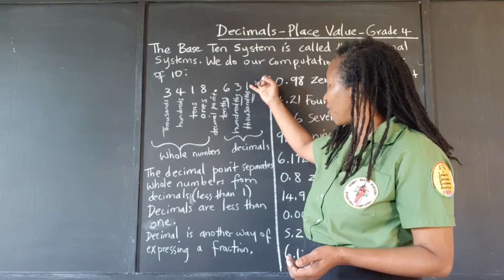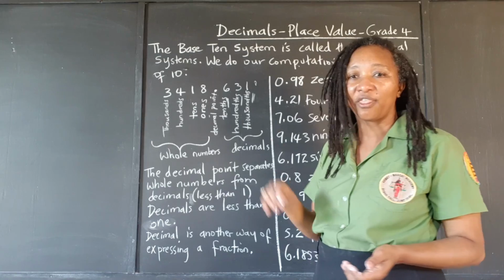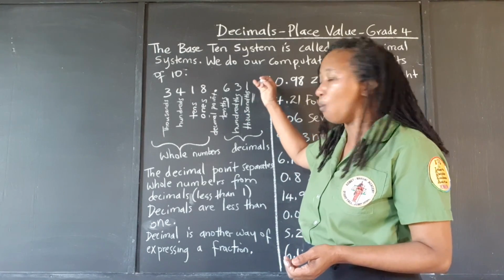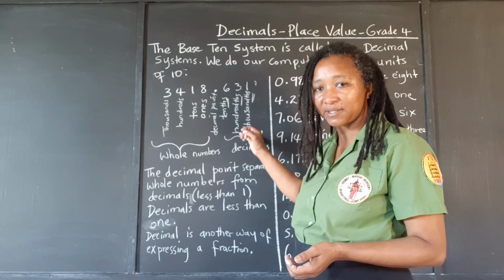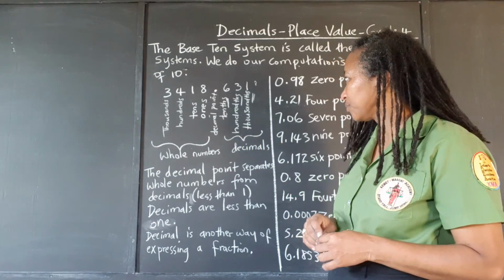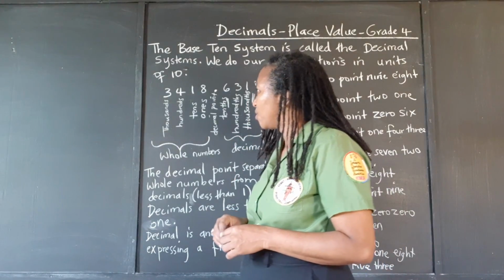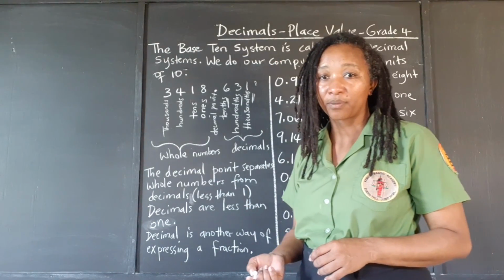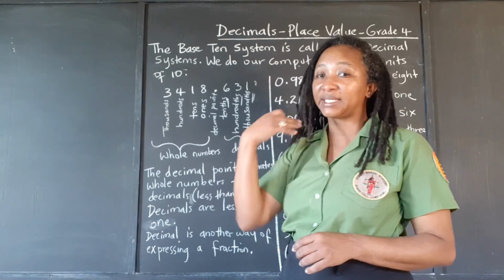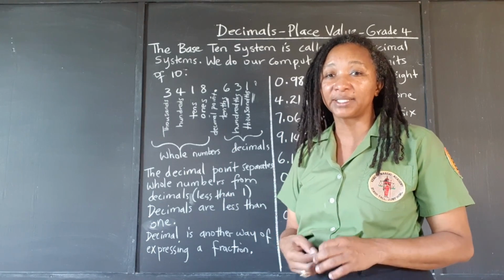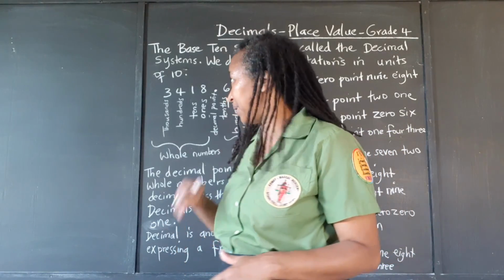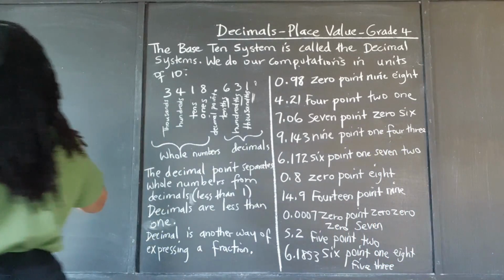The third decimal place is the thousandths, right? So in this case, it would be 1/1000. Now, I'm going to write some decimals and underline the place, and we're going to write what is the actual value of that digit in that place. Okay, so let's do some examples.